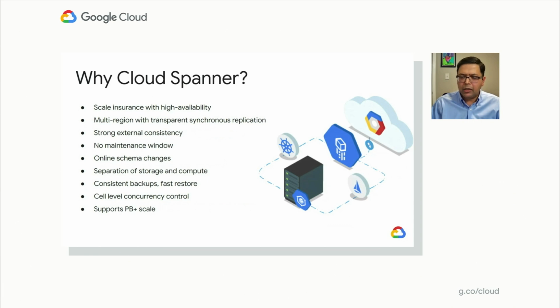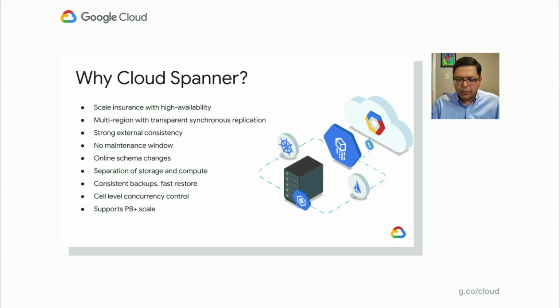It's completely managed. You can also do completely online schema changes. You don't have to take a downtime for that. We have complete separation of storage and compute. This becomes extremely important for scalability, so you can seamlessly scale your workload because there's no coupling between storage and compute, and you can scale them independently.